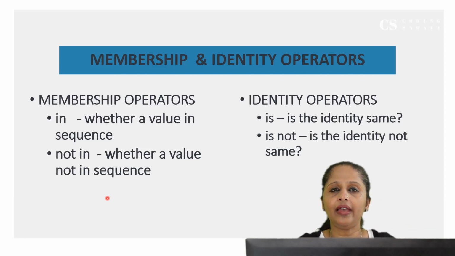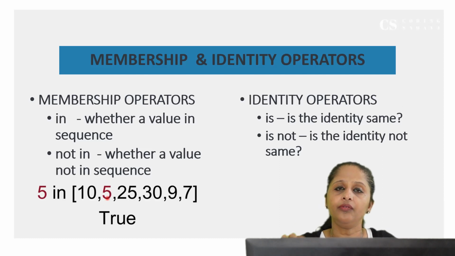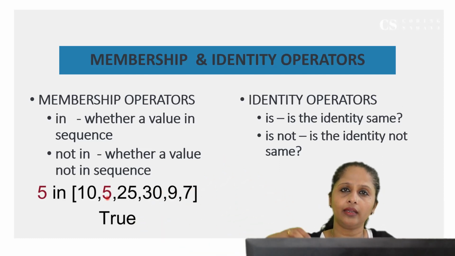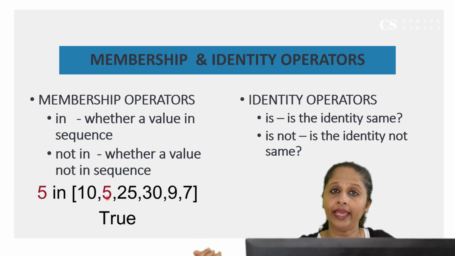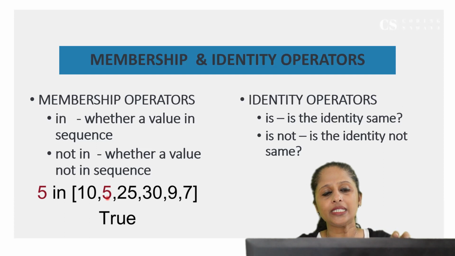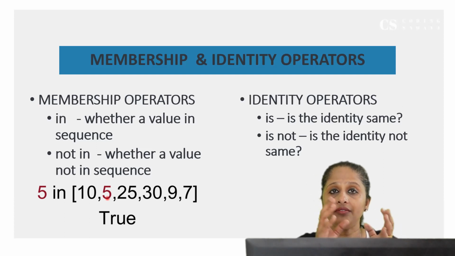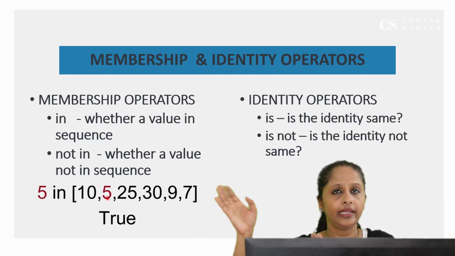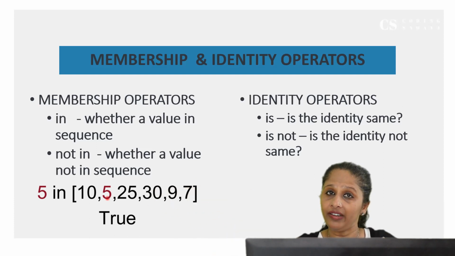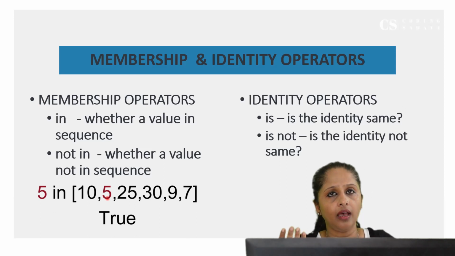For example, you have a value 5 and a group of values like 10, 25, 35 and all, and you want to check whether 5 is there in that group. For that we can use the in operator, whether 5 in 10, 5, 20, 25, 30 and all. If it is there, it returns true, otherwise it returns a false value.